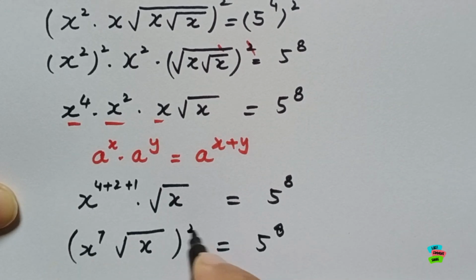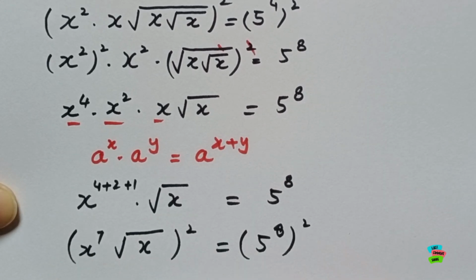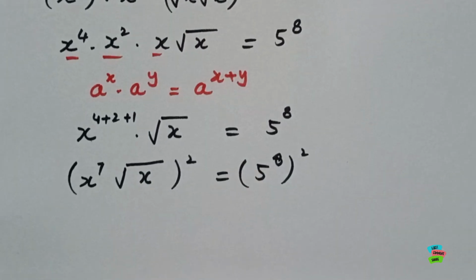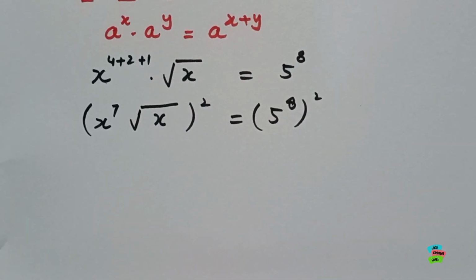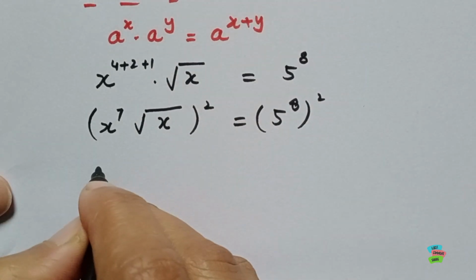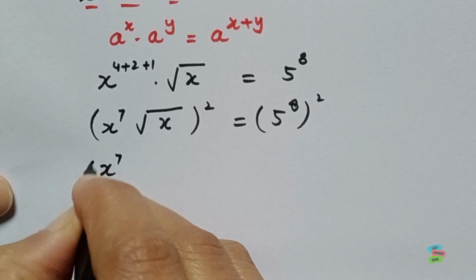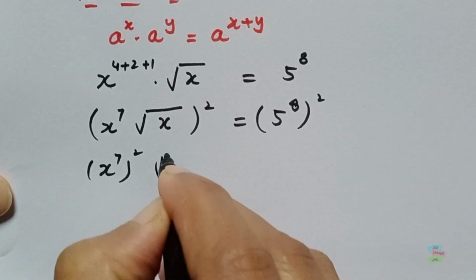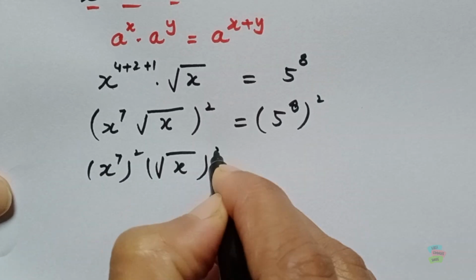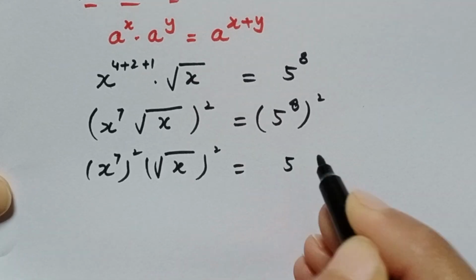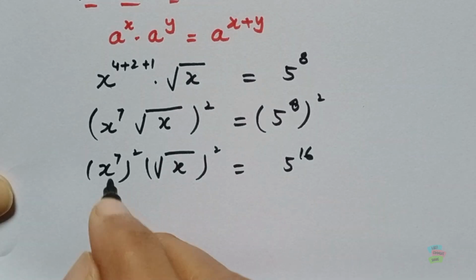So we will take the square again on both sides, and we will use the same property of exponents and separate this power: x to the power 7 to the power 2 times square root x to the power 2 is equal to 5 to the power 8 times 2, which gives us 16.